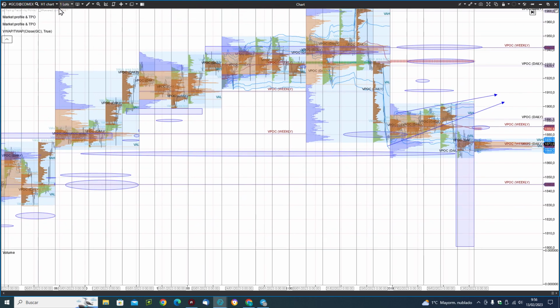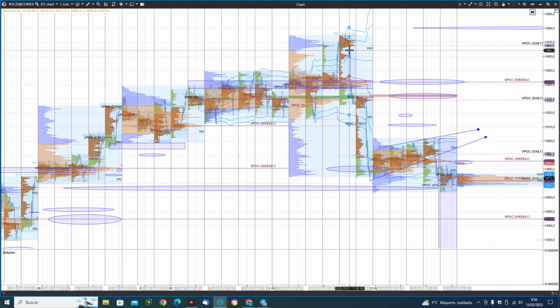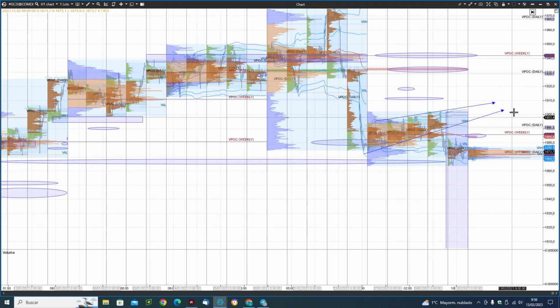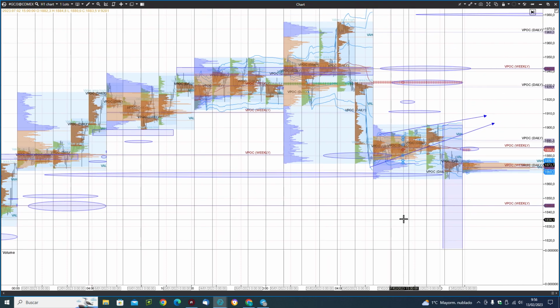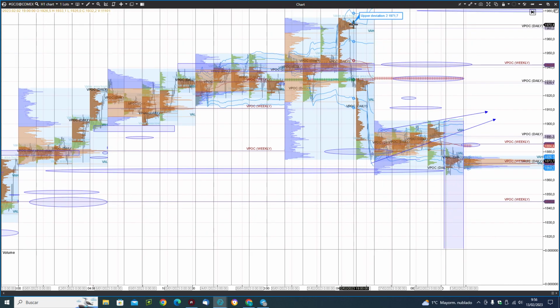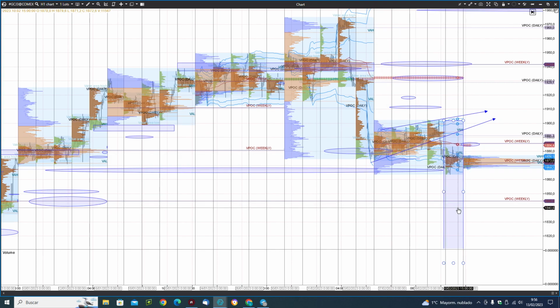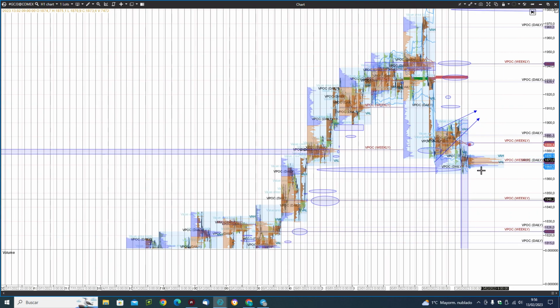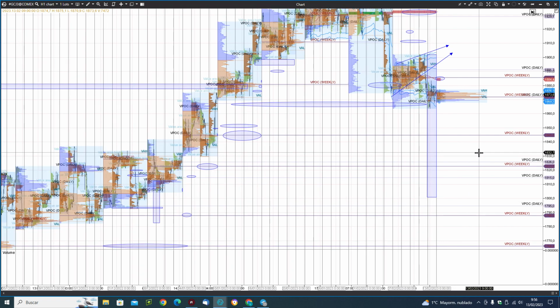But we must look in this time frame, 1 hour. We have the typical structure, a leg, a cradle or wedge, and it's breaking. We always say that it's very usual that we can make a second leg like the first one. Once we break this wedge, we could go to this zone. But before it, we must face some high volume nodes.